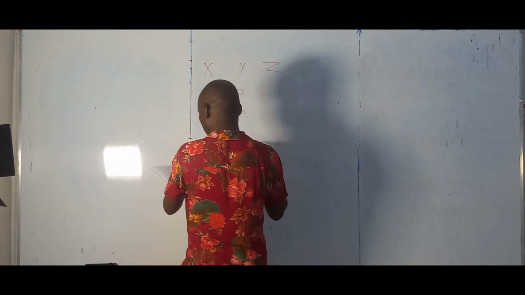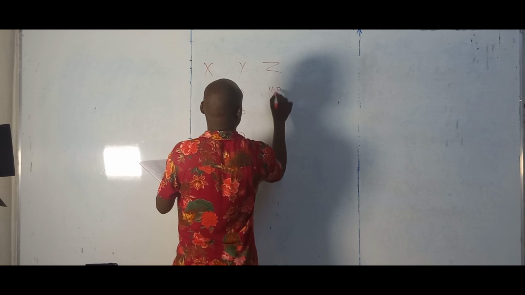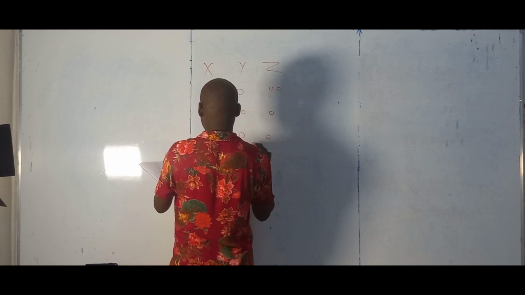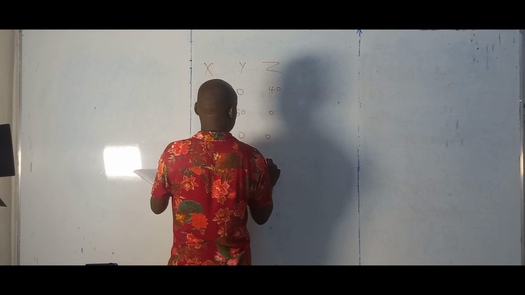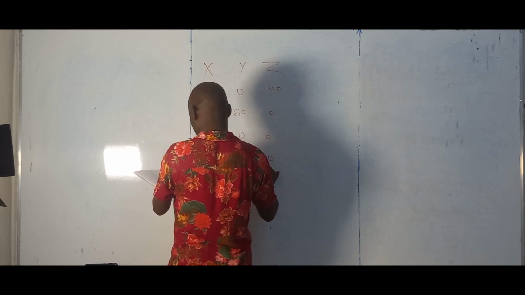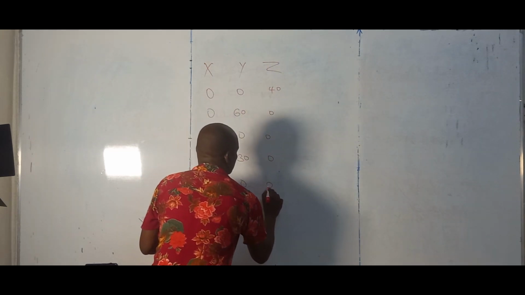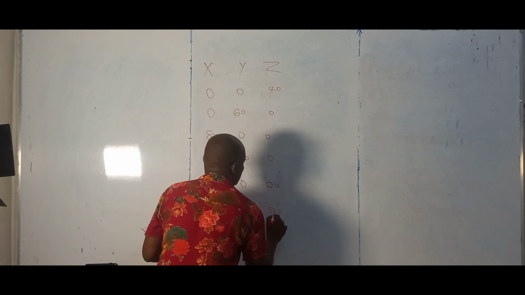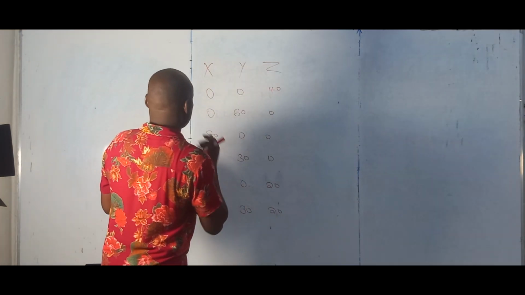Then Z, we have 40, 0, 0, 40, 0, 0, 0, 20, 20, 20, 20.